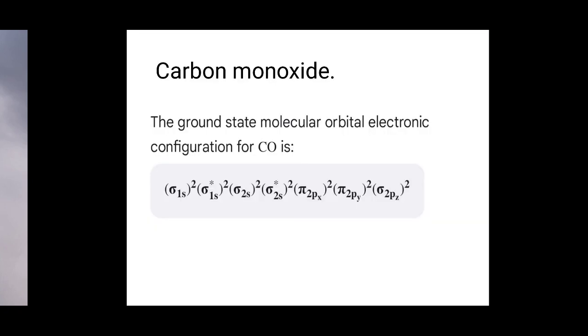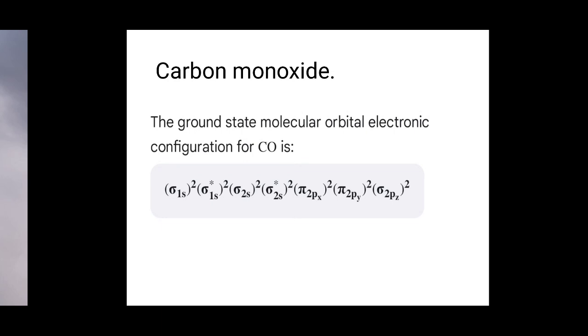Then the carbon monoxide molecule. So look at this. Carbon monoxide is a heteronuclear diatomic molecule. One nucleus is of carbon and the other is of oxygen. The ground state molecular orbital electronic configuration for carbon monoxide is sigma 1s2, sigma star 1s2, sigma 2s2, sigma star 2s2, pi 2px2, pi 2py2, sigma 2pz2.